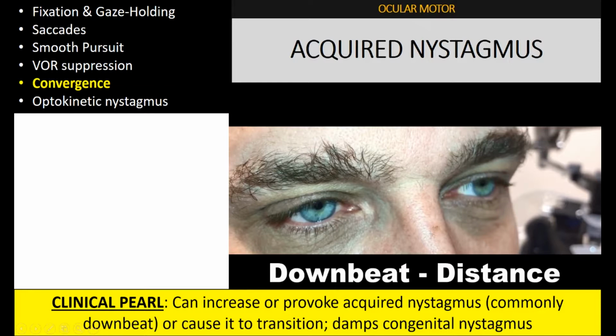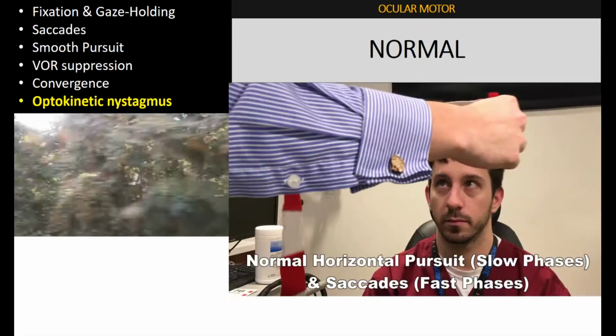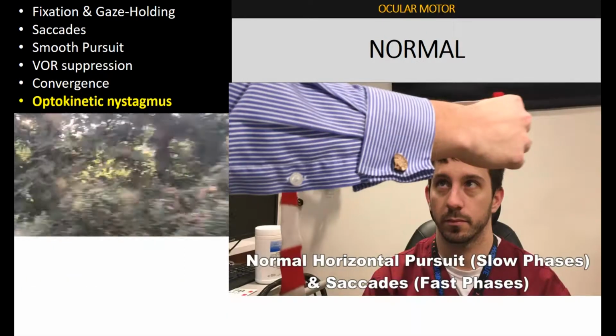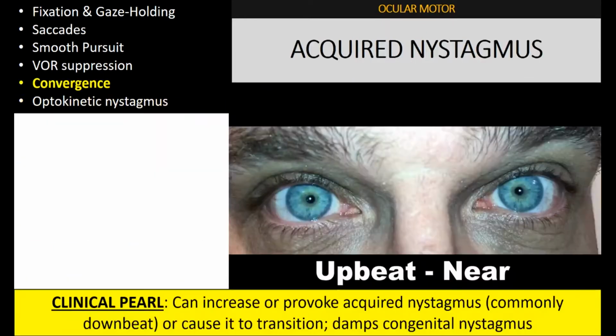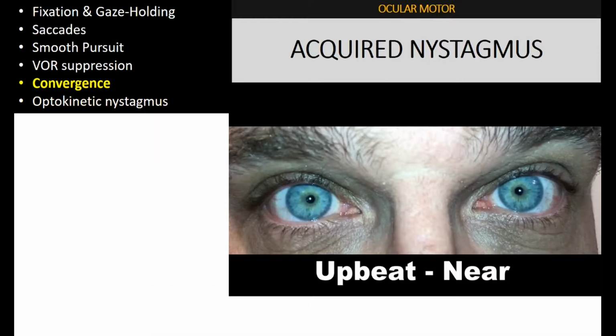So this point about Wernicke's using convergence, can you just explain that again? So if a patient comes in with spontaneous upbeat nystagmus, another common ocular motor finding in Wernicke's, or a few common findings, include horizontal gaze-evoked nystagmus.